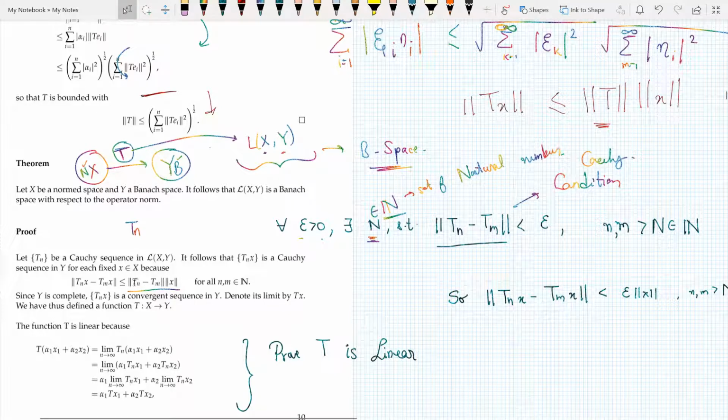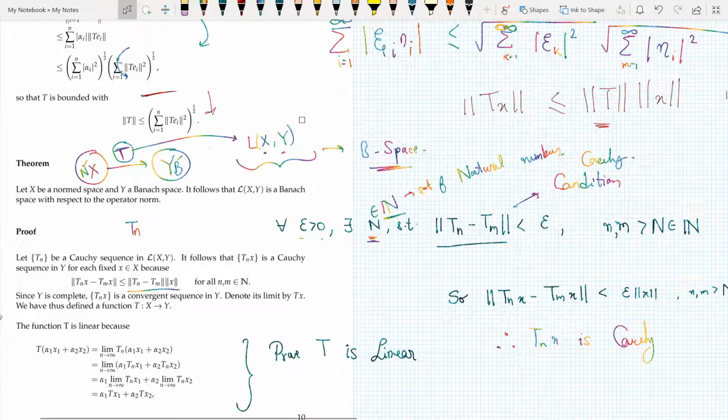And now I know that the norm of Tn minus Tm is less than epsilon. So the norm of Tn x minus Tm x is less than epsilon times the norm of x. Therefore, Tn x is Cauchy.